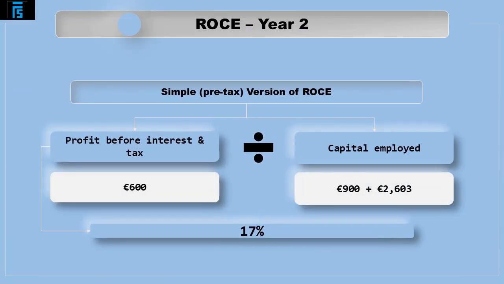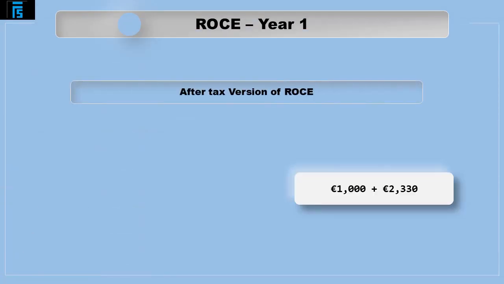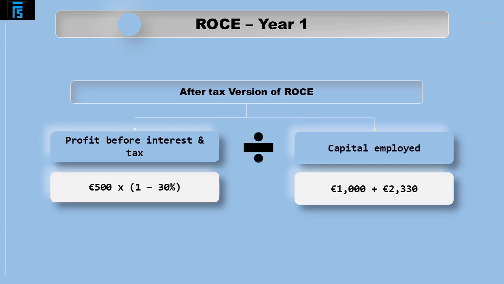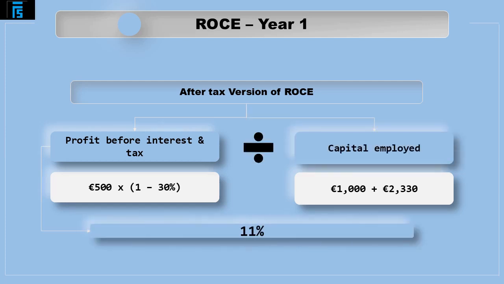When the same calculation is performed using year 2 numbers, the result is 17%. The after-tax version of ROCE for year 1 is calculated as the profit before interest of €500 multiplied by 1 minus the corporate tax rate of 30%, which is subsequently also divided by the capital employed, producing a result of roughly 11%.